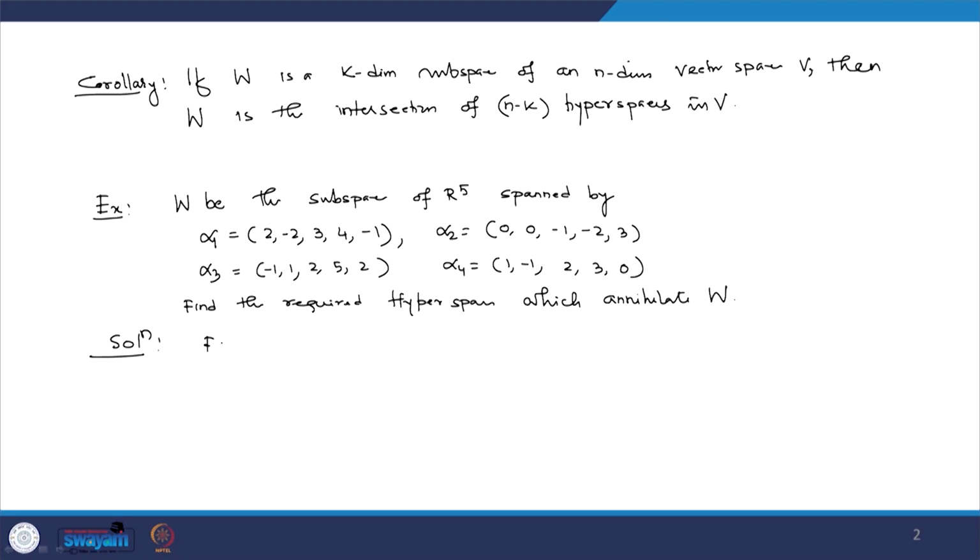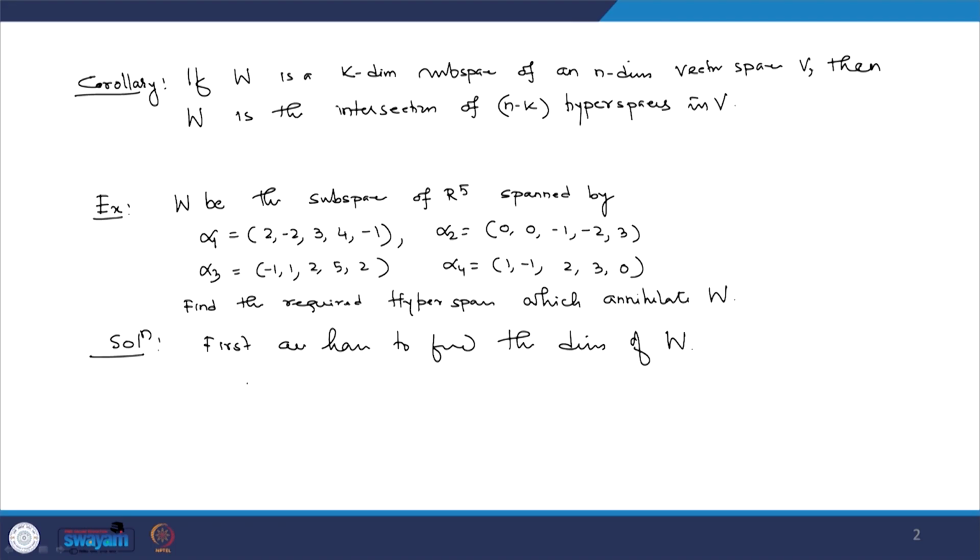So, first we have to find the dimension of W. For this I will take the help of elementary row operations, constructing a 4 cross 5 matrix with first row alpha 1, second row alpha 2, third row alpha 3 and fourth row alpha 4.